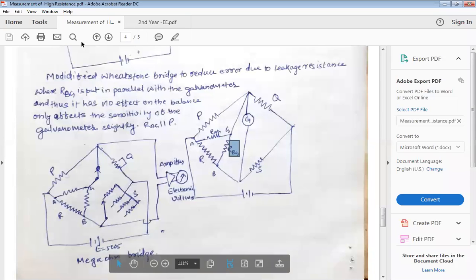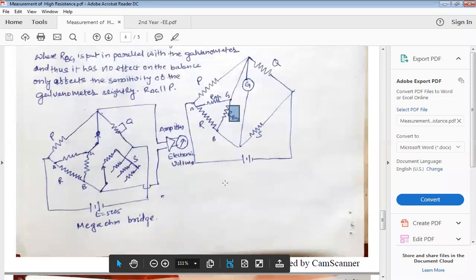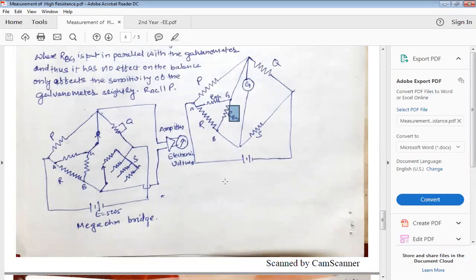Finally, using this concept, we make one bridge known as the mega ohm bridge.